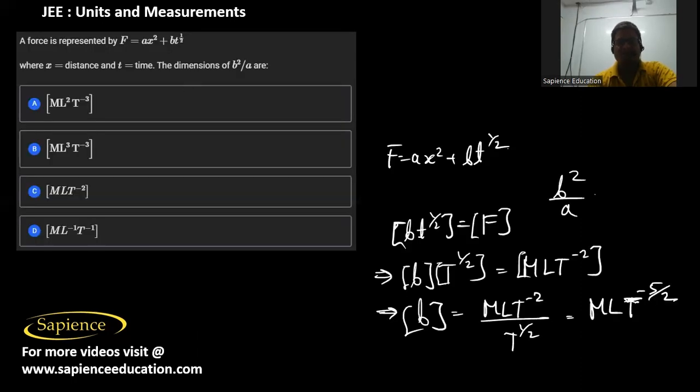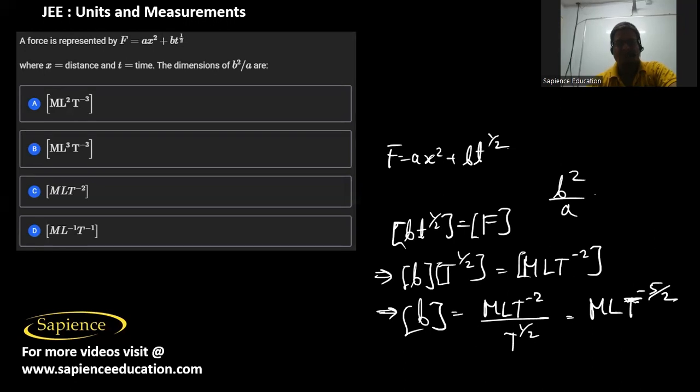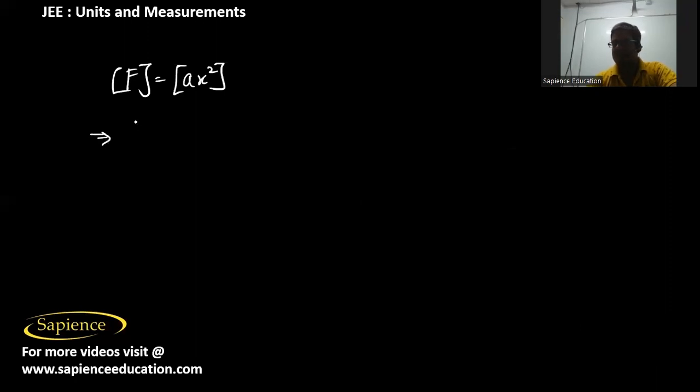The dimensional formula for force will be equal to the dimensional formula for a x square. So M L T power minus 2 will be equal to the dimensional formula for A into L square.